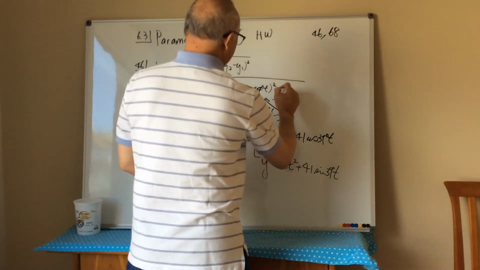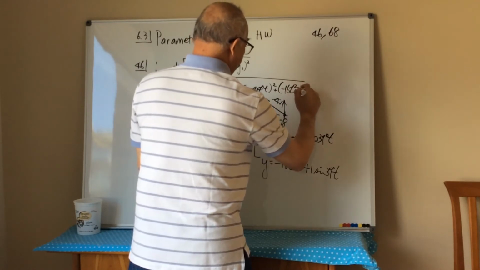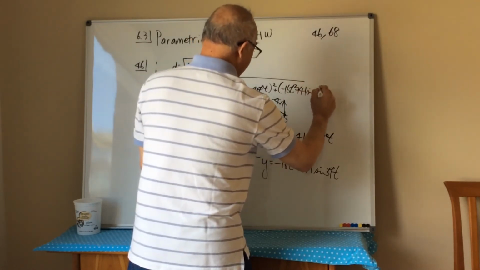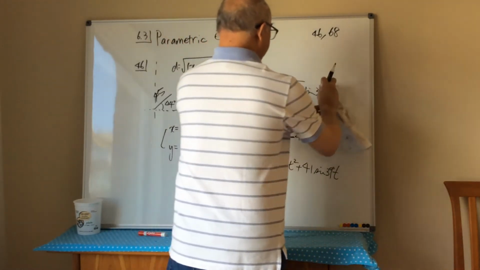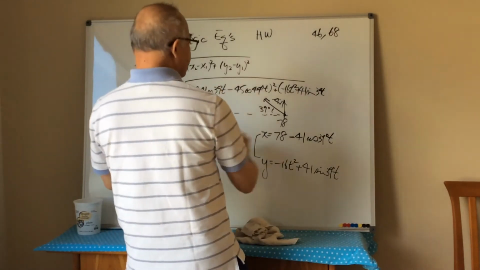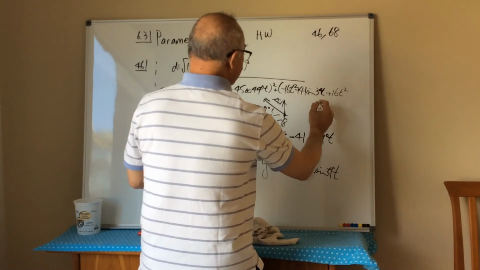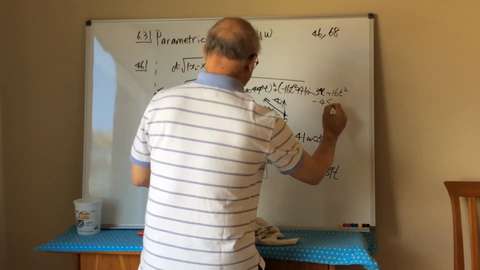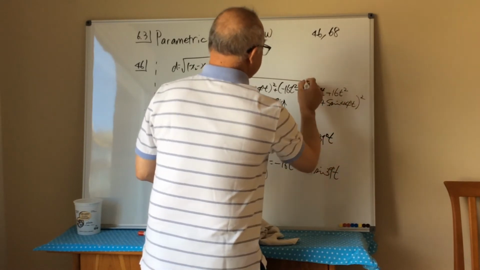Then you're going to go plus the y2, negative 16t squared plus 41 sine 39t. And then from there, you're going to subtract this guy, so this guy becomes positive 16t squared, and I'm going to subtract 45 sine 44 degrees t, quantity squared.